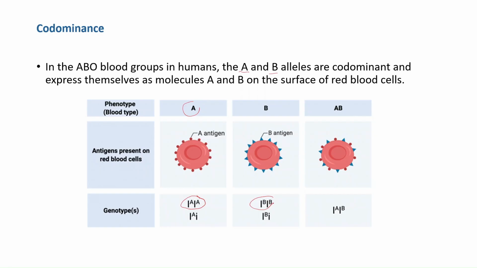When both of them are B, you express the B antigen, you have B. When you have A and B, you express both A and B on the cell and you have the AB group because they are codominant. Don't worry now about the little i because we are going to get to that, okay? But the reason you have group AB is because A and B are codominant, so you express both.